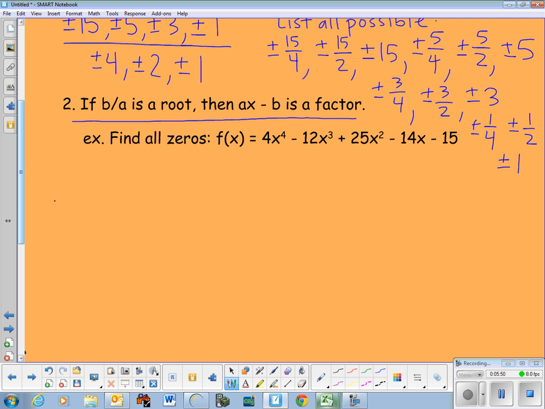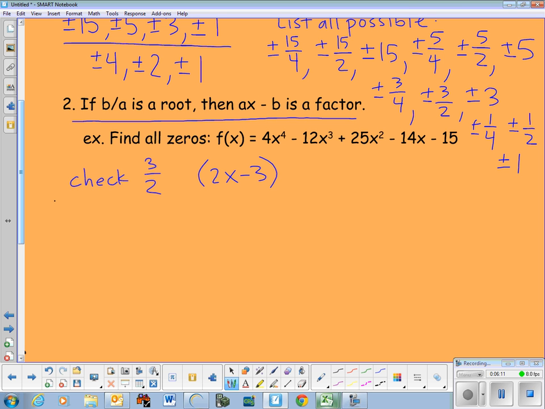So let's try 3/2. We'll try positive 3/2 just for kicks. If positive 3/2 is a root, then the factor would be 2x minus 3, okay? Because think about it, 3/2 makes that 0.